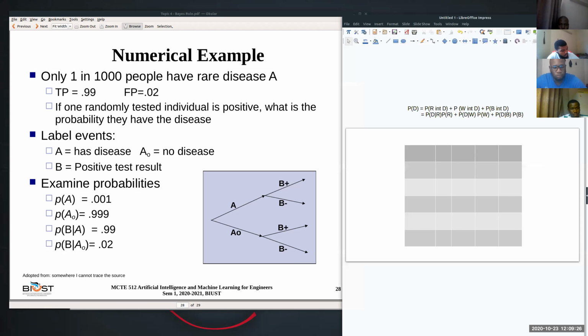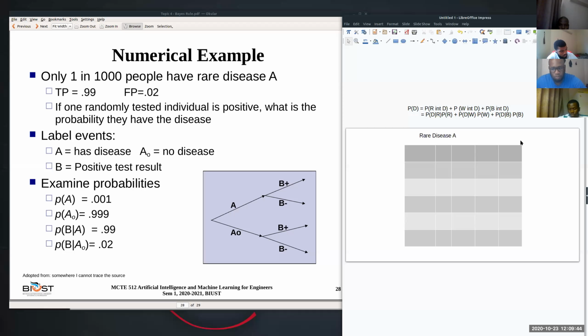Okay, so let's just write it. Maybe this is rare disease A. Okay, so we are testing for false positive.